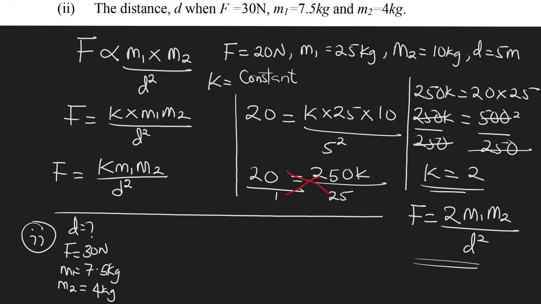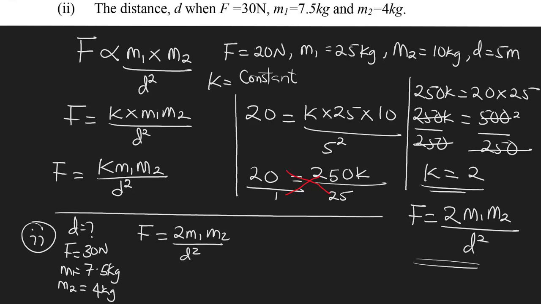So now we're going to use this expression to solve that. So we know that from that expression we have that f equals 2m1 m2 over d square.